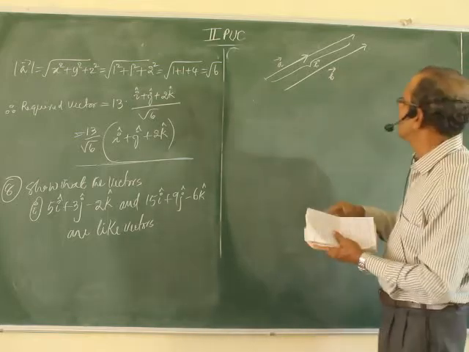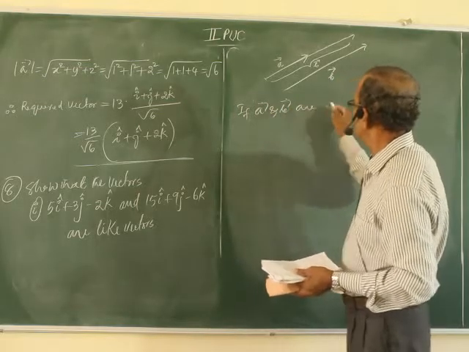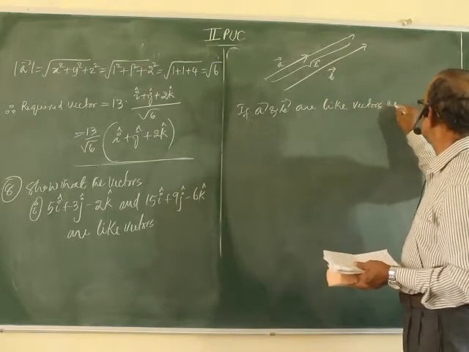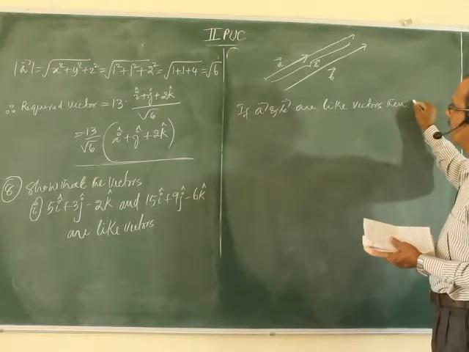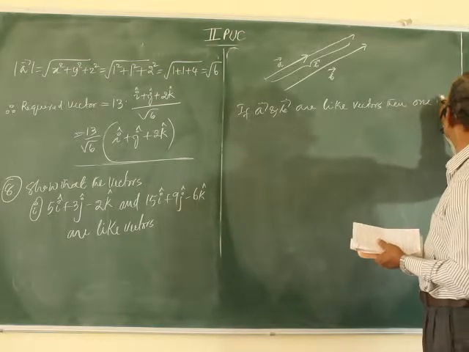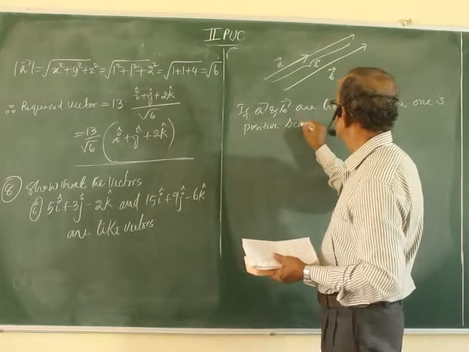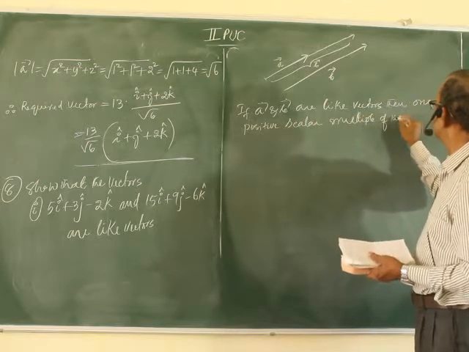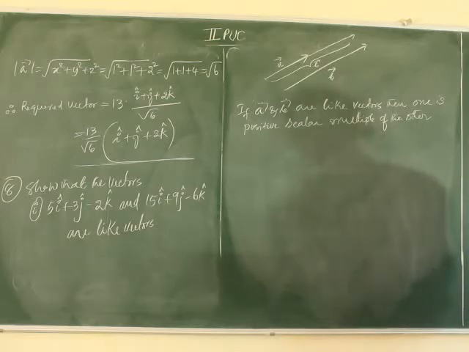So clearly here we can say that if A and B are like vectors, then one is a positive scalar multiple of the other.